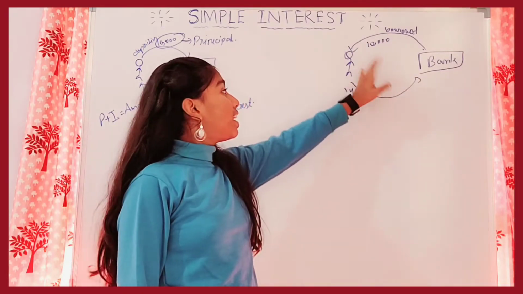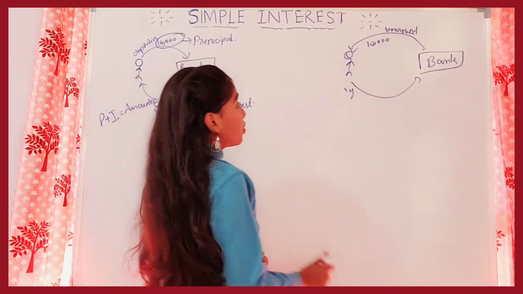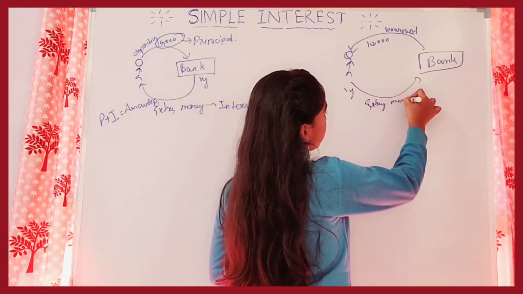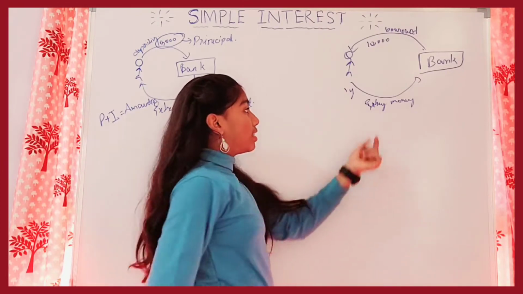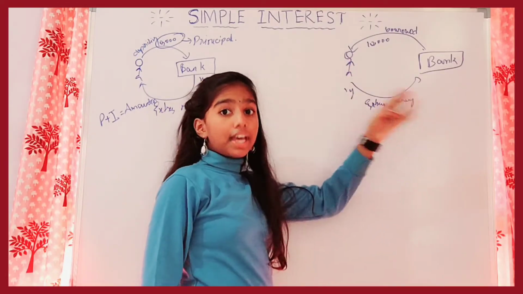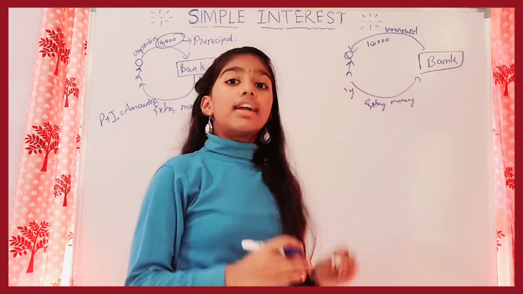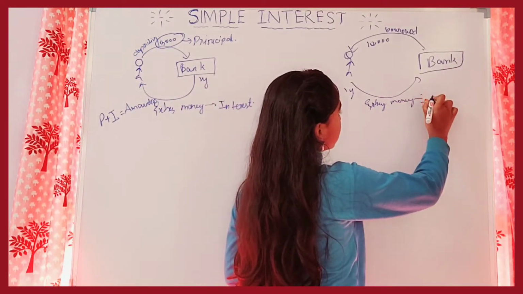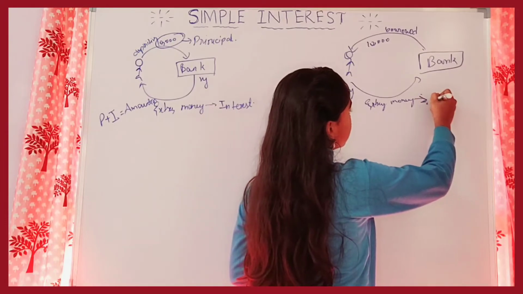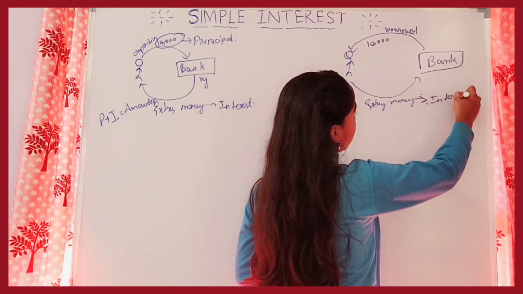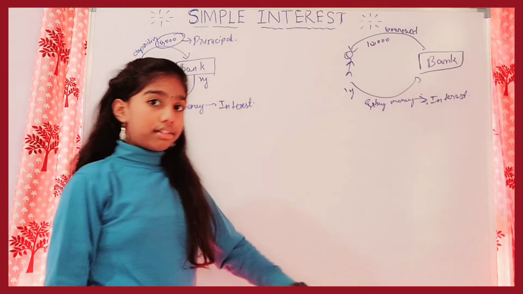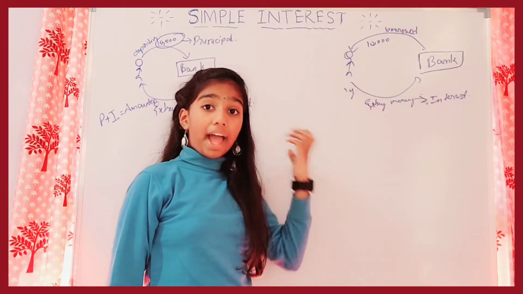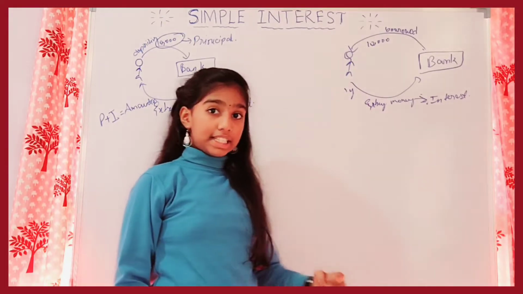Along with this money he will give some extra money also. This extra money that the person will give is called the interest. The money that he had borrowed from the bank is called the principal.